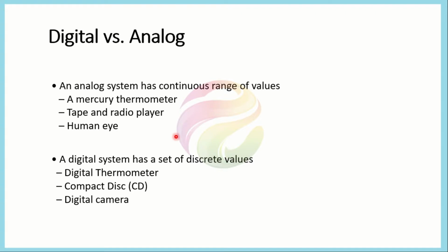There are many examples of it, just like the digital thermometer. A digital thermometer will only record a specific instant of temperature, rather than continuously reading the temperature all the time. It will only record the temperature when you press the save button. Similarly, a compact disc which has some data, or say you can compare it with the example of the tape and radio player.